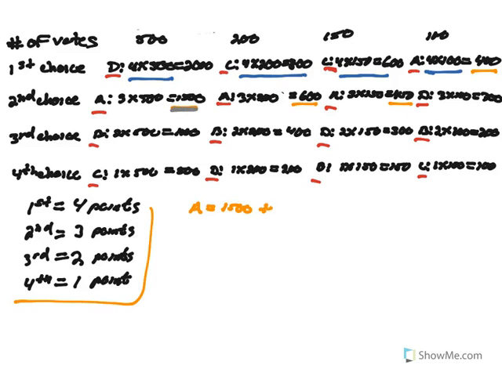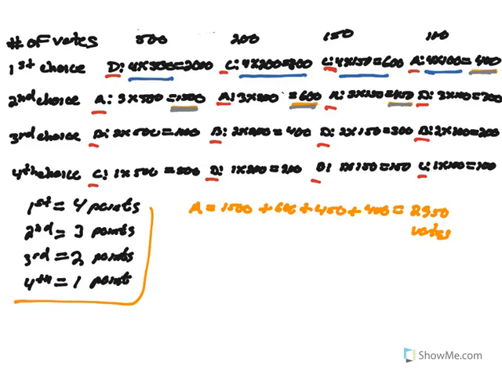Then we're going to add the other A, which is 600. Really doesn't matter the order. And then we're going to add the other A, which is 450. And then last but not least, the 400 here. And when you add all those up, you get 2,950 votes. Or points, I should say.